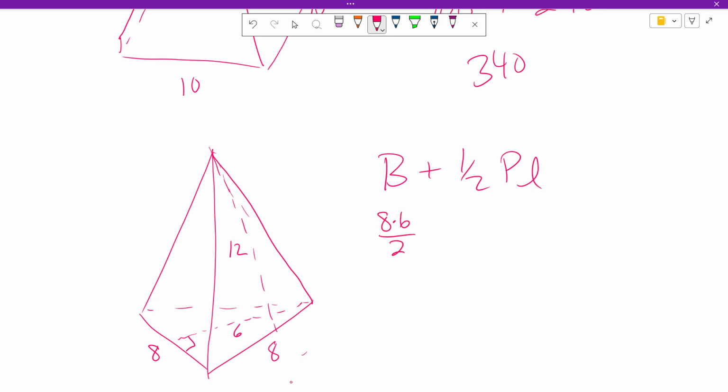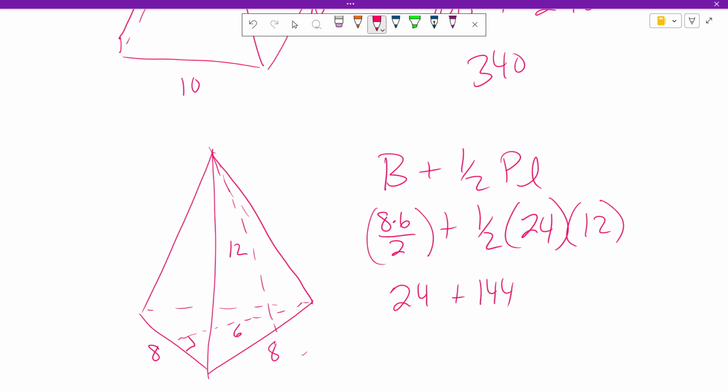It's the area of a triangle. Plus 1/2. What's the perimeter of that triangle? 24. 8 plus 8 plus 8. Slant height is 12. So this is 24. This is 144. So you get 168.